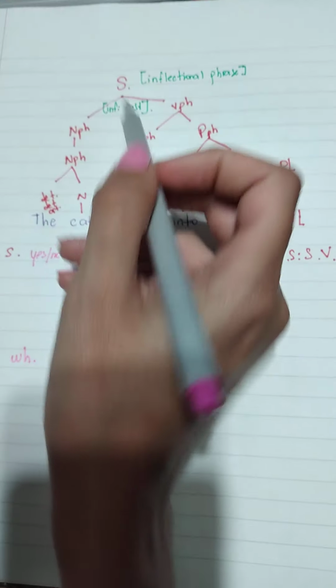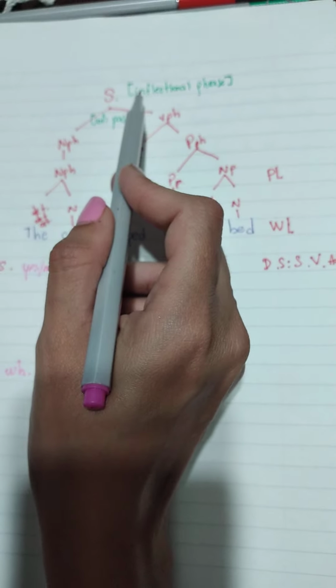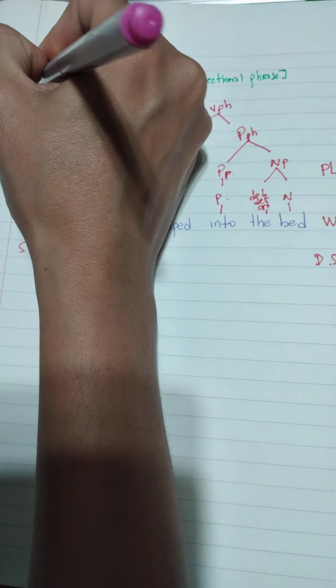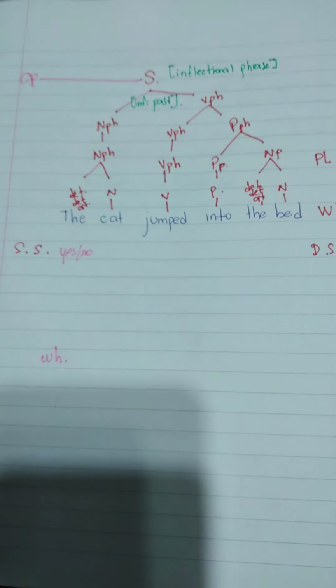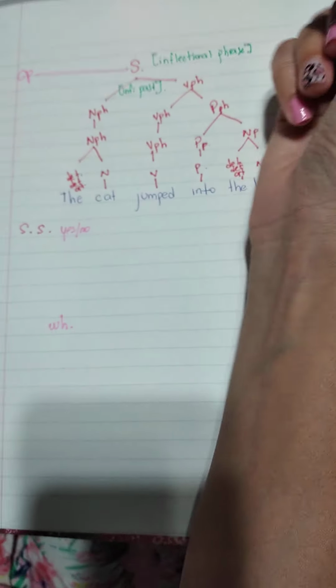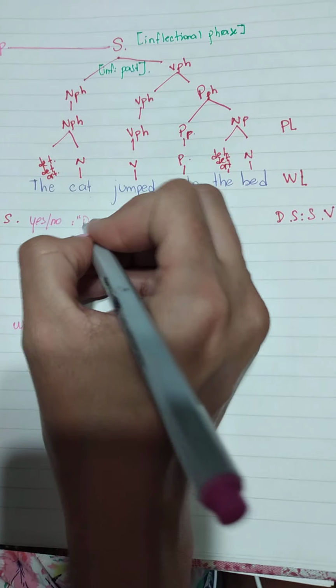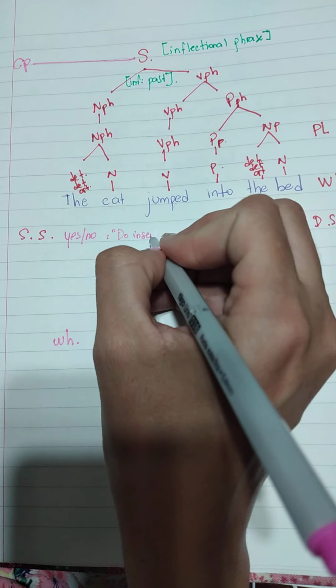So, this inflectional phrase is embedded in a larger unit, which is called the complementizer phrase. So, the first movement that we are going to do for the yes-no question is the do insertion.